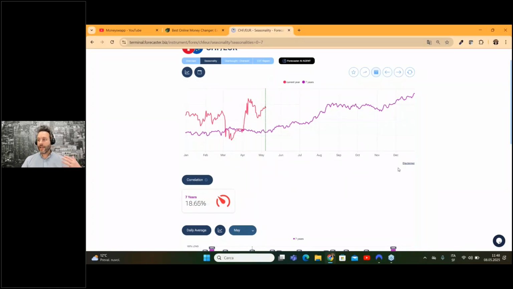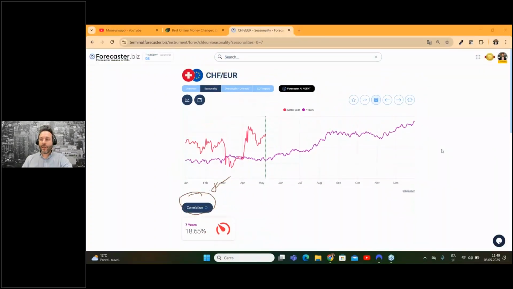When you have such a low correlation between prices of the Swiss franc and the 7-year seasonality, which is what it did in the last 7 years on average, we can say that probably the Swiss franc will do the opposite of what it did in the past.